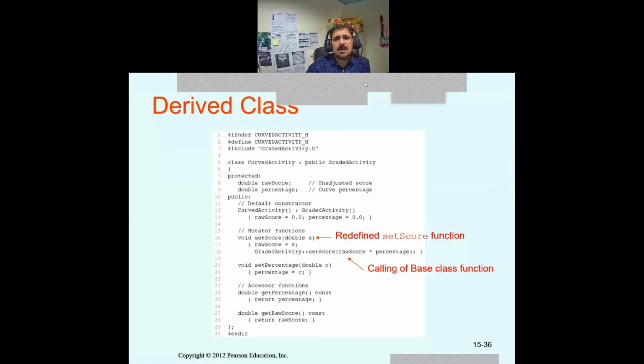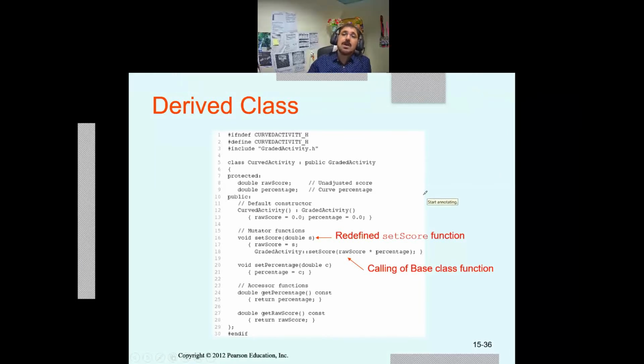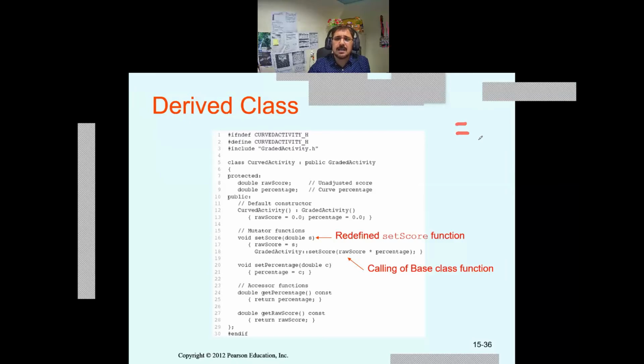The previous class was for grading a student. Sometimes, before finalizing the marks, we need to adjust a bit. So for adjusting the number, maybe we are increasing or decreasing, mostly increasing the marks by some percentage.